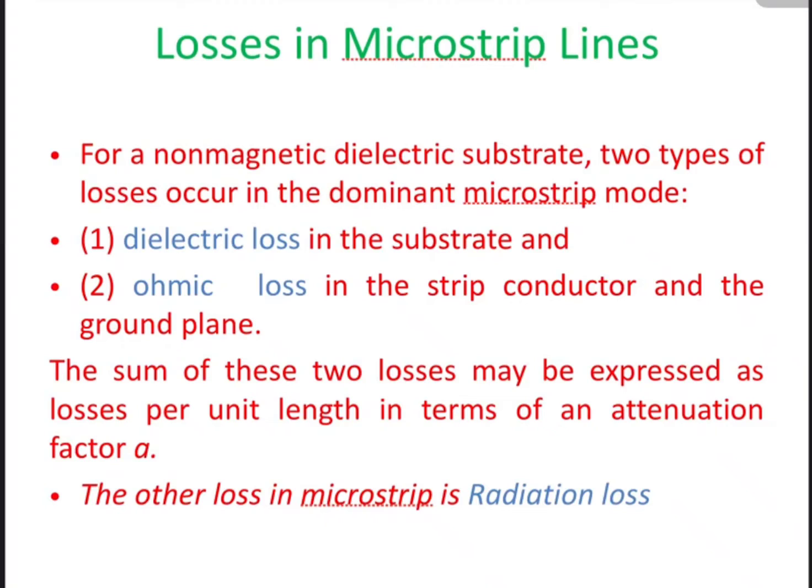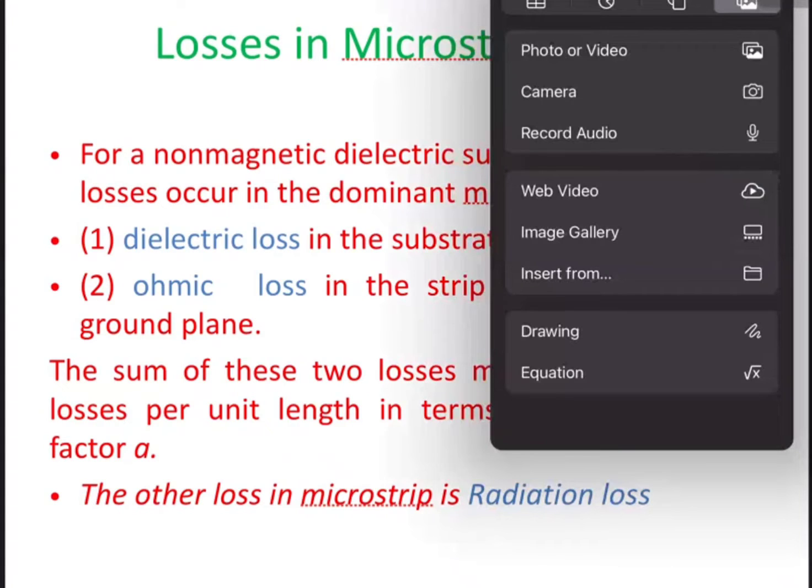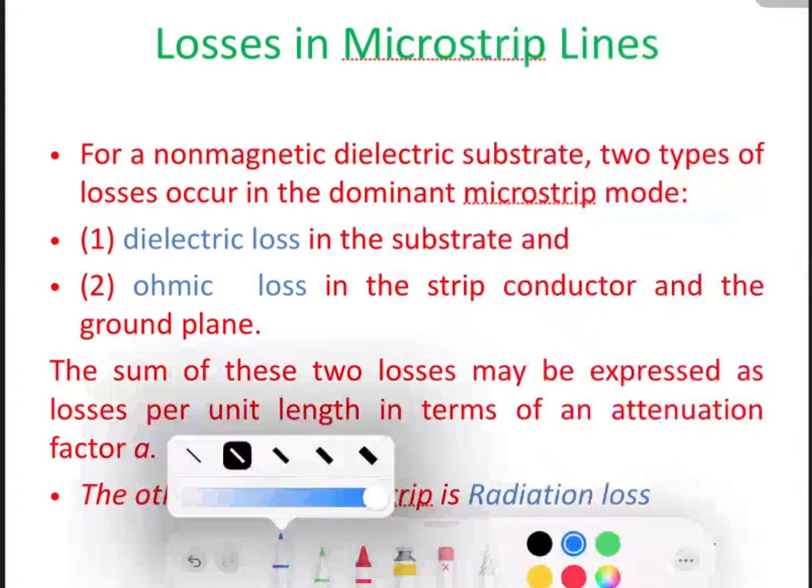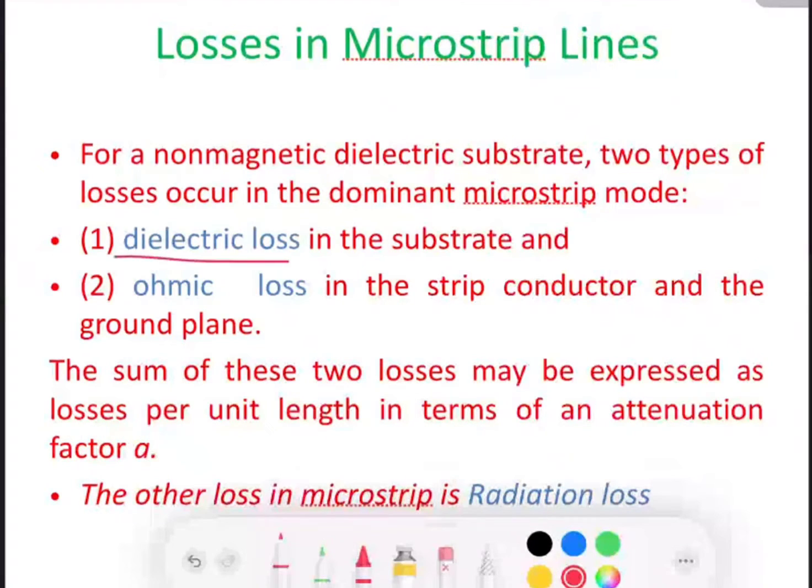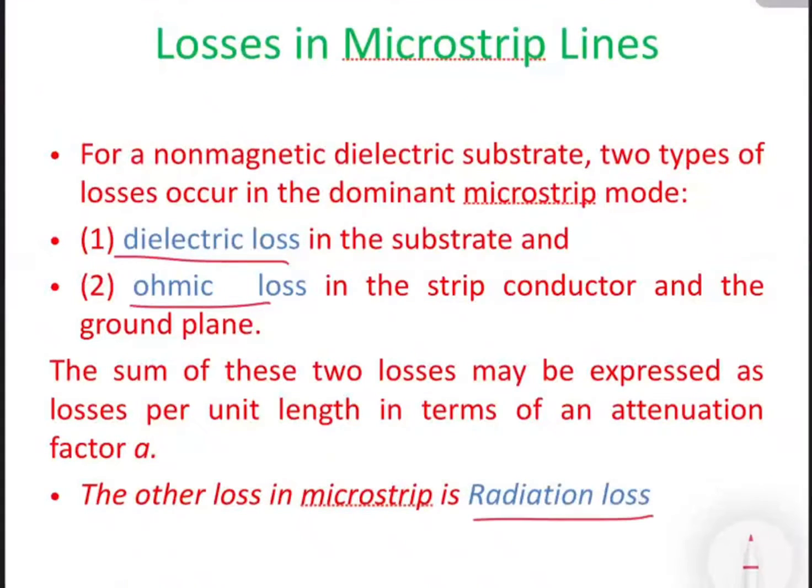There are four different losses. The four different losses are dielectric loss, ohmic loss, radiation loss, and attenuation loss.